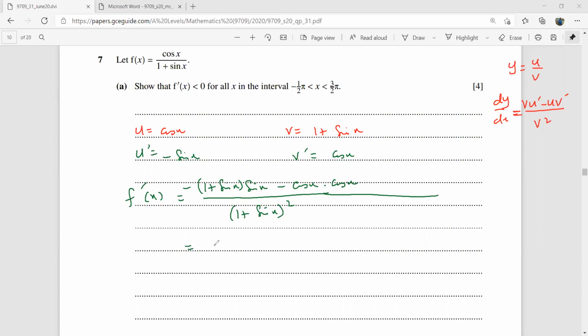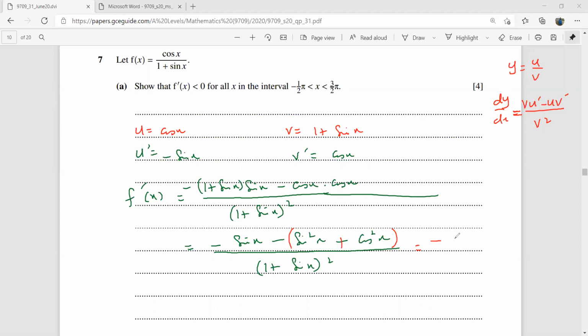Okay, so this is minus sine x minus sine square x minus cos square x over 1 plus sine x whole square. If I take a minus common from here in the next step, please forgive me for skipping the steps. This would be plus, and you know that sine square x plus cos square x is 1.